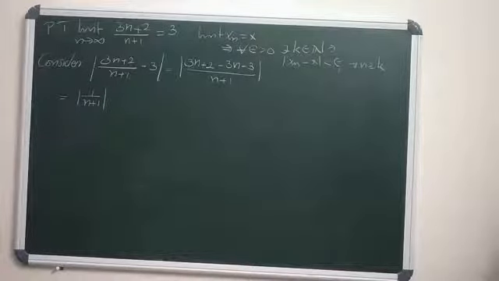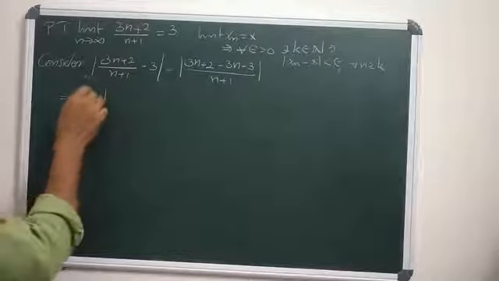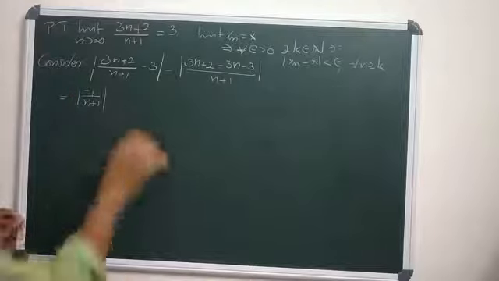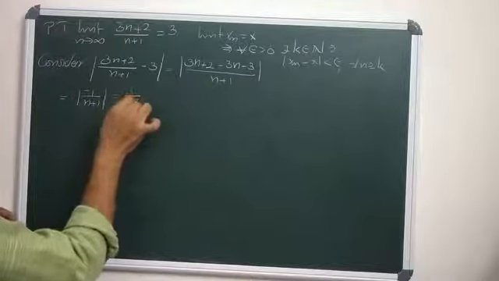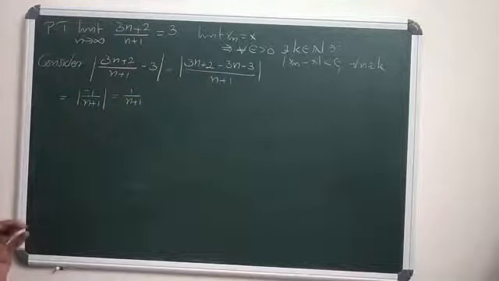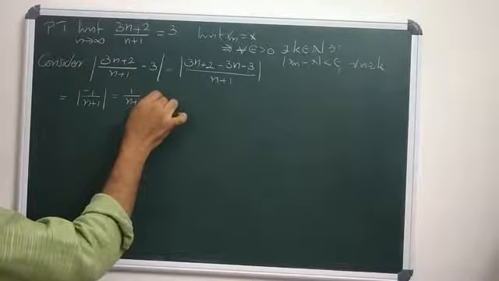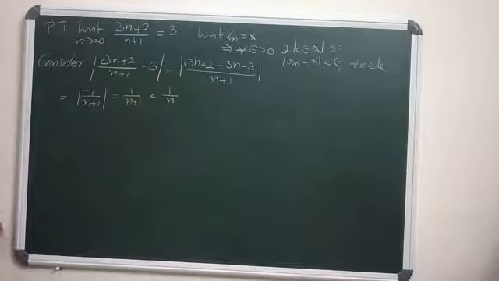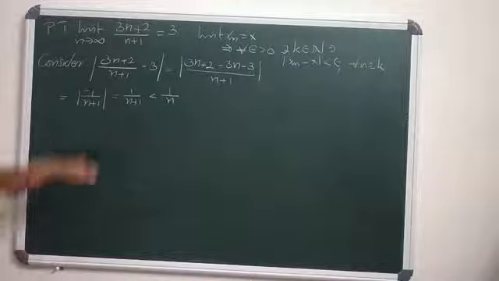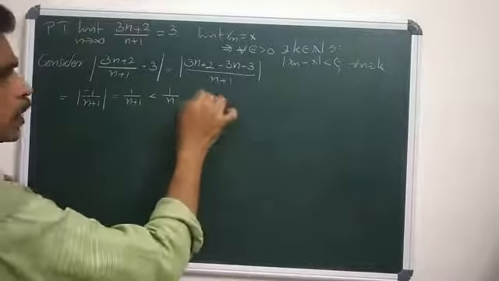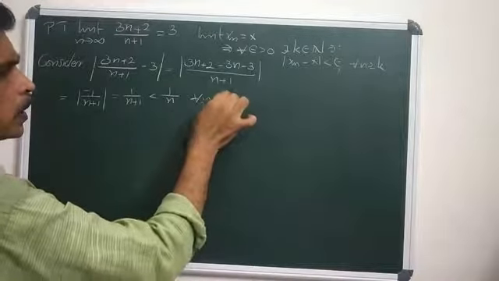So the modulus of minus 1 by n + 1 equals 1 by n + 1. So 1/(n + 1) is strictly less than 1/n for all n in N.